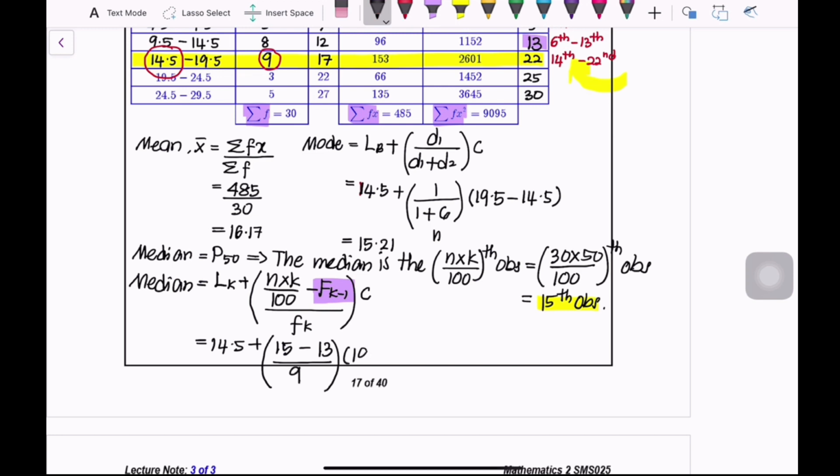C is 19.5 minus 14.5, so c is equal to 5. Then we find the value of the median is equal to 15.61.